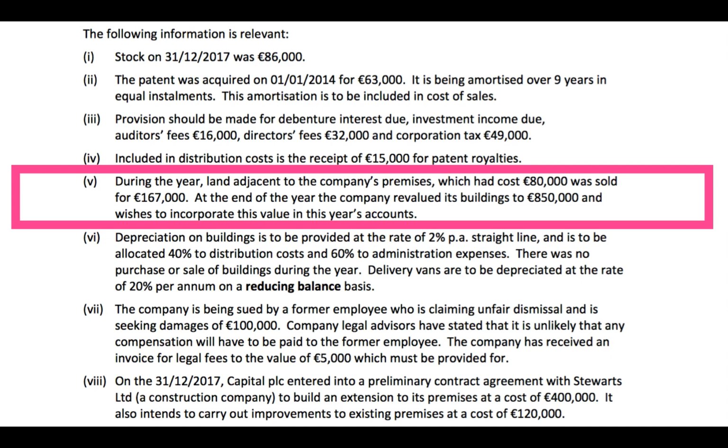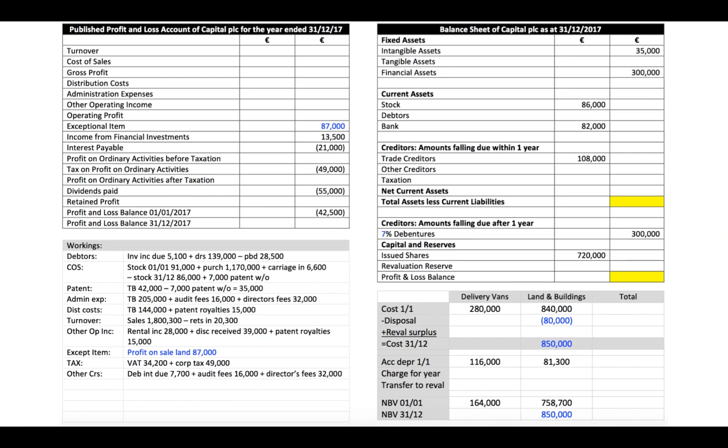At the end of the year, they're going to revalue the buildings to 850, and they wish to incorporate this value into this year's accounts. So the profit that was made, 87,000. There doesn't appear to be any other exceptional item in this question, so we'll just throw the 87,000 into exceptional item.